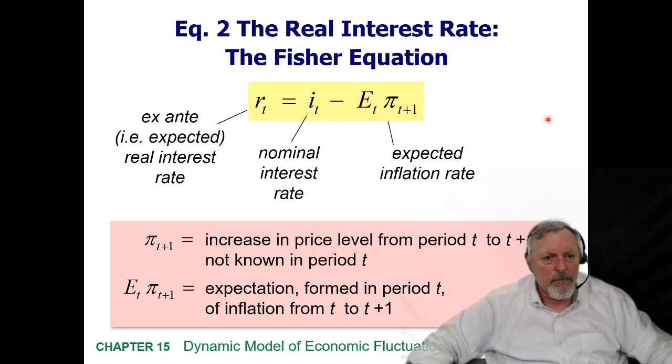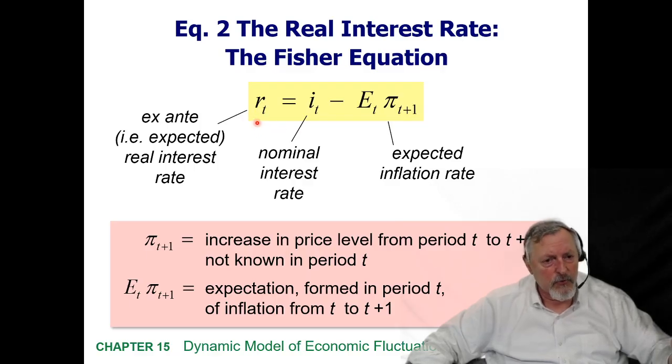Equation 2. What determines the real interest rate? This is just the Fisher equation, modified slightly. Usually the Fisher equation is written: the nominal interest rate equals the real rate plus expected inflation. This is just written with the real interest rate on the left.